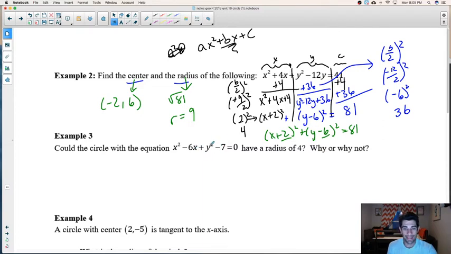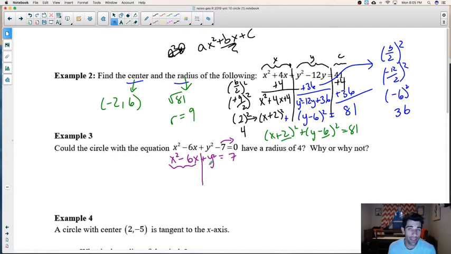This is not anything special at all. So what I'm going to do is get rid of that 7, change its sign, and write equals 7. So now I have all my x's and y's on my left, and I have that 7 on the other side. I have to make a perfect square trinomial.